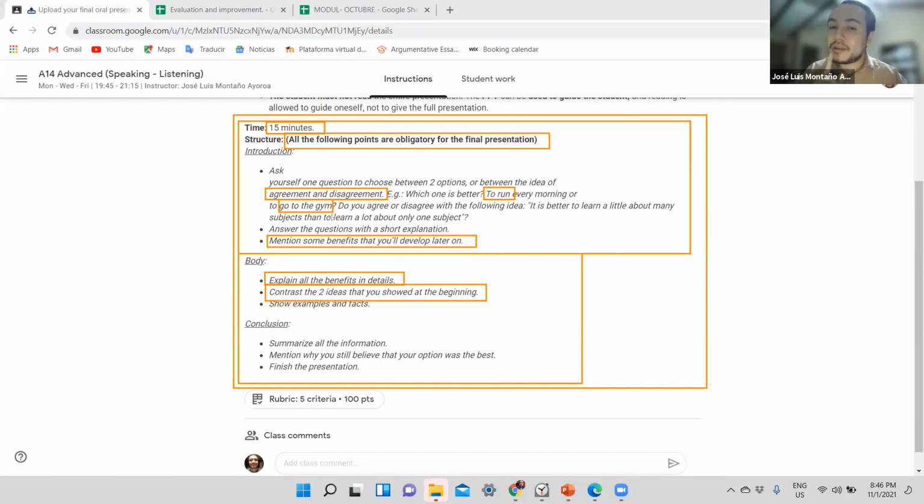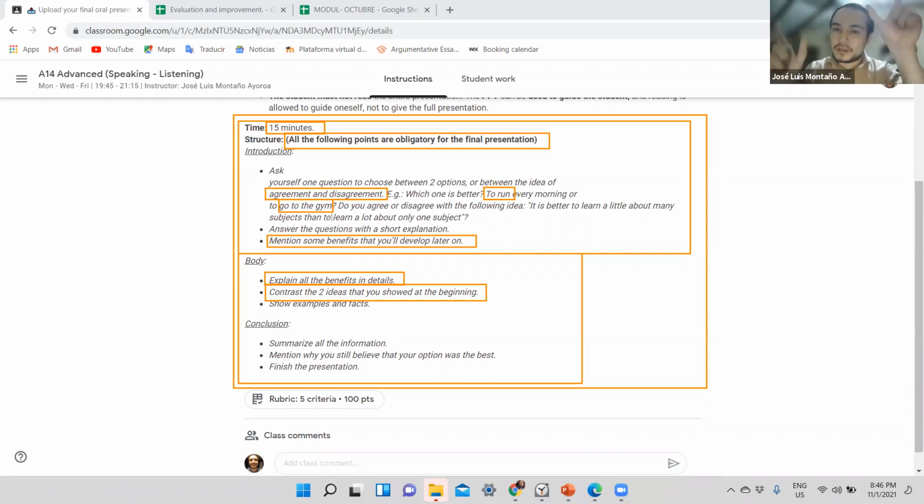The same, if you are working with agreement or disagreement, you need to show me some elements, some facts that are advantages and disadvantages, perhaps, if you agree or if you disagree with that idea.